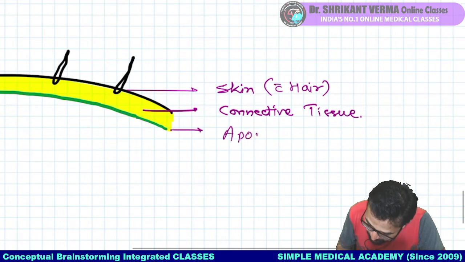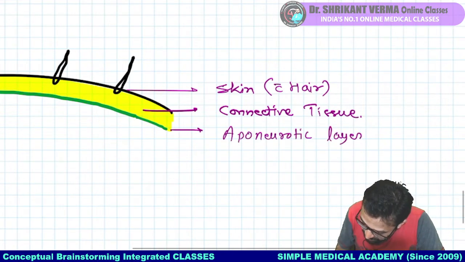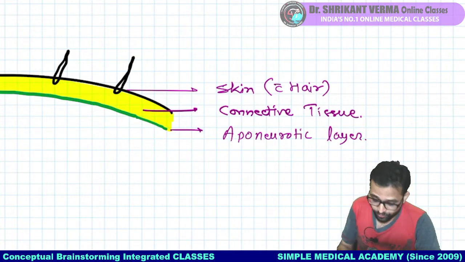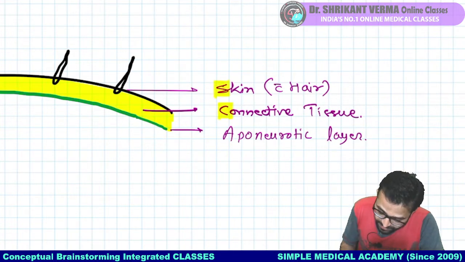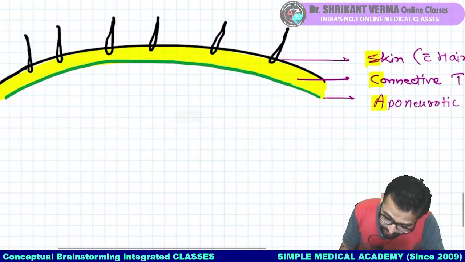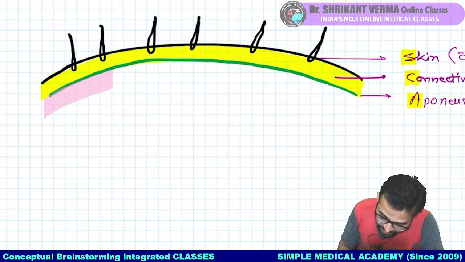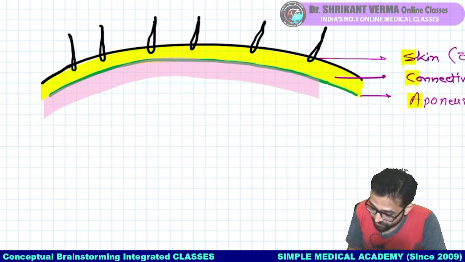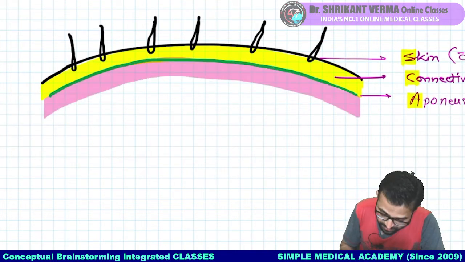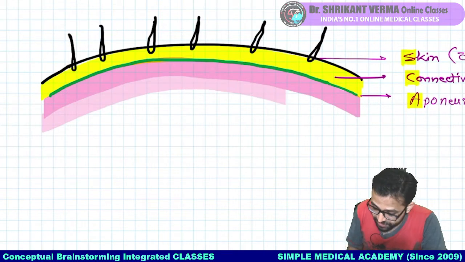Here is our aponeurotic layer, also known as Galea aponeurotica. So you can observe it. Then one more layer is there, that is the loose areolar tissue layer. It is loosely arranged. Yes, this layer is loosely arranged.